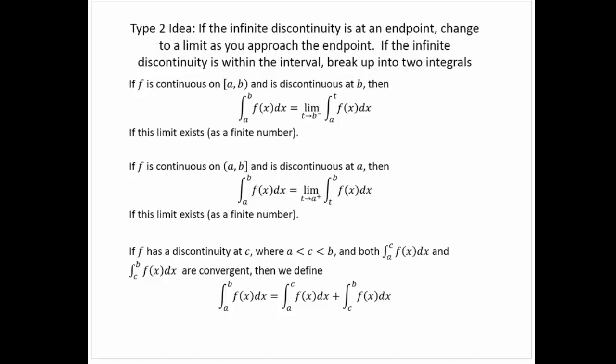So, for example, if we have an infinite discontinuity at b, so if the function is continuous from a to b, and we have that infinite discontinuity at b, so that's this idea, right? So if we had, say, here's a and here's b, and we have some function that's doing this.